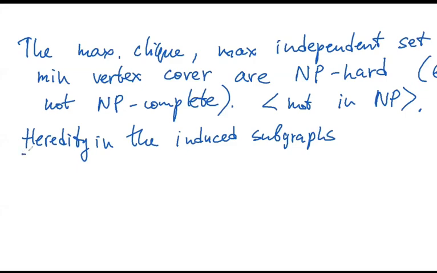So this is for graph properties, or to be more specific, for properties satisfied by subsets of vertices. As a working example, let's use the property of a subset of vertices being a clique. This is one of the properties that satisfies the heredity property.